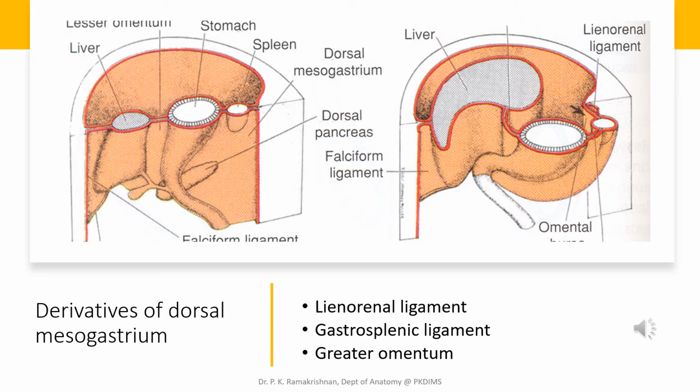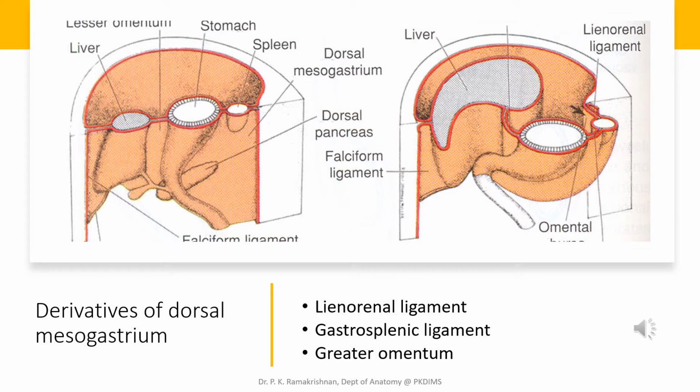Thus, the spleen becomes connected to the posterior body wall in the region of the left kidney by the lieno-renal ligament, and to the stomach by the gastrosplenic ligament.